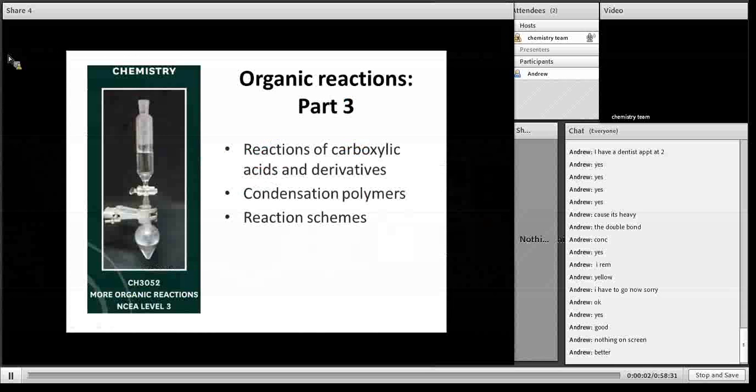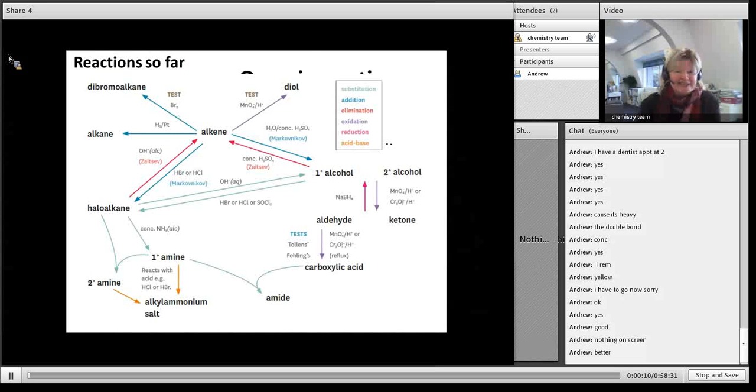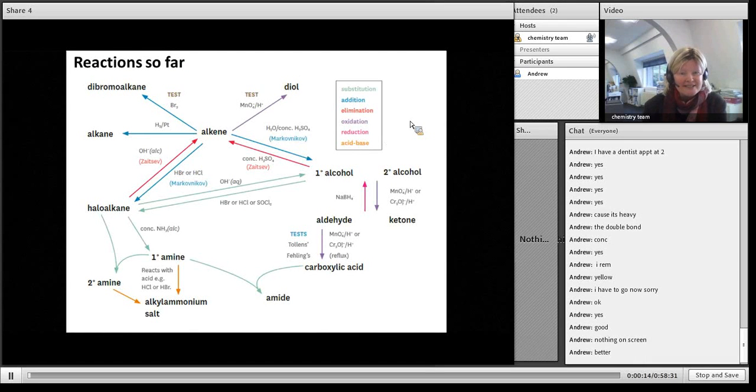In this lesson we're going to be looking at the rest of the reactions as well as condensation polymers and reaction schemes. So now you can see this clearly with the reactions we've done so far in the previous lessons. We first looked at the alkenes, and we had hydration, we had halogenation, and it can be used for Cl2, but if it's Br2, then it's the test when it decolorizes the brown, orange-brown bromine.